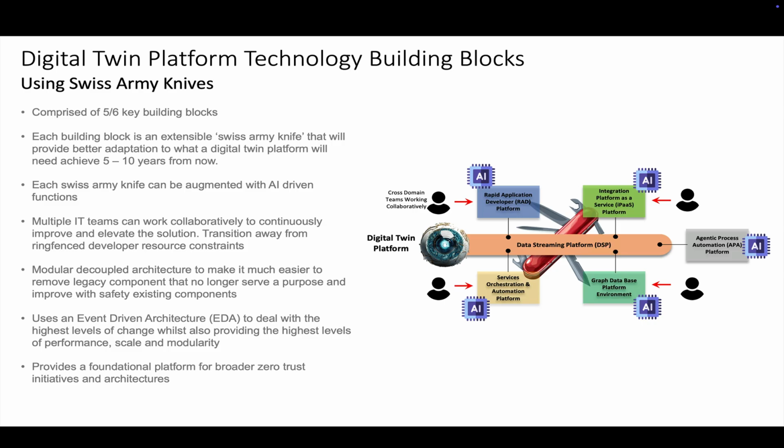We use an event-driven architecture, or EDA, which we'll discuss in more detail in a moment, to ensure that the system is able to deal with a vast range of change whilst offering the highest levels of performance, scale, and modularity. Lastly, because the digital twin platform is a foundational platform, it can be used for multiple purposes.